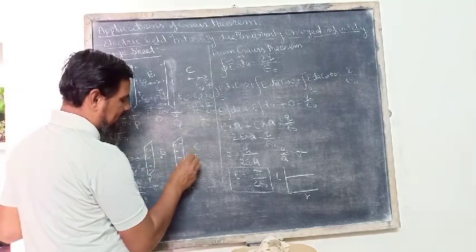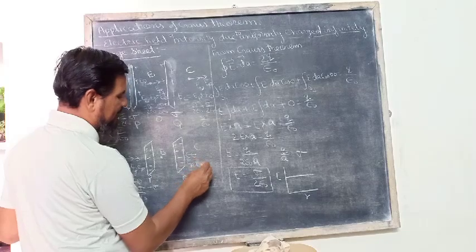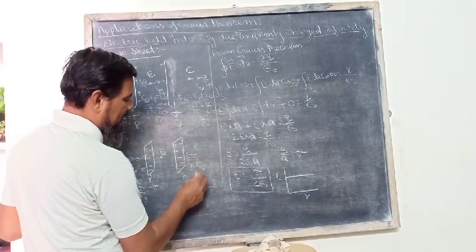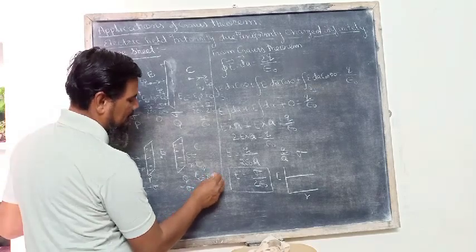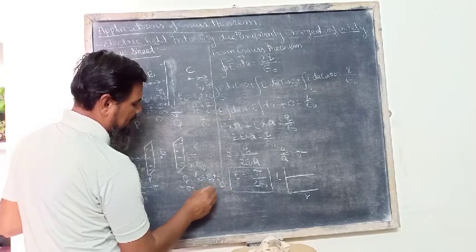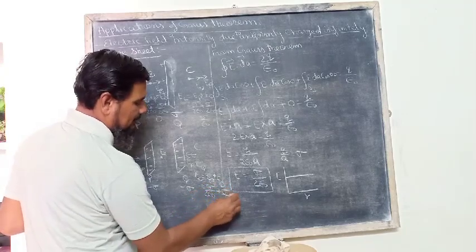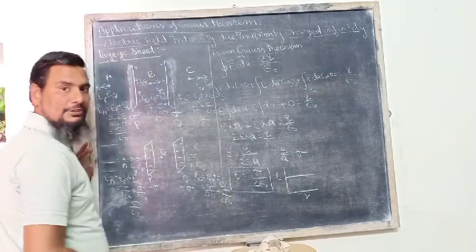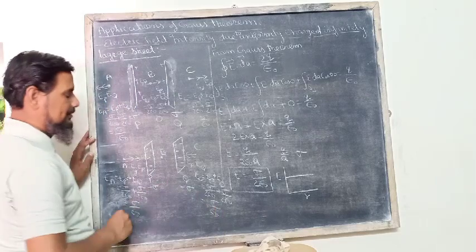At the point C, the directions of electric field intensity EP and EQ also will be the same, and EC is equal to EP plus EQ, similarly sigma upon 2 epsilon naught plus sigma upon 2 epsilon naught, and the total value will be sigma upon epsilon naught.